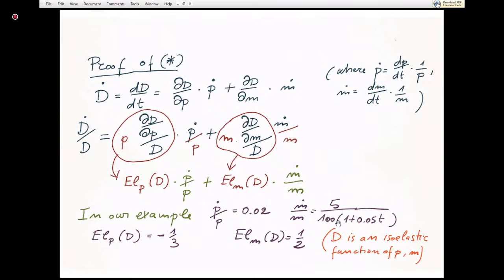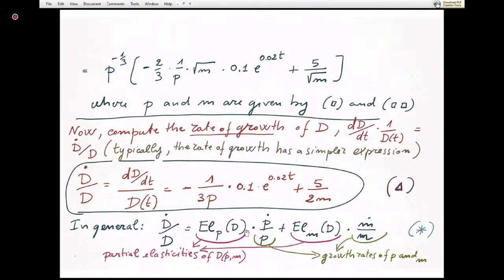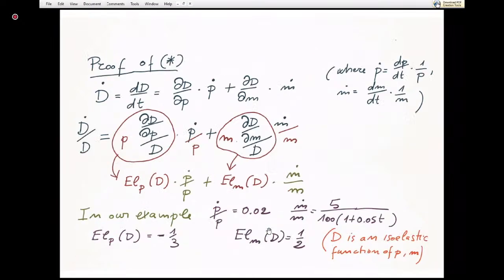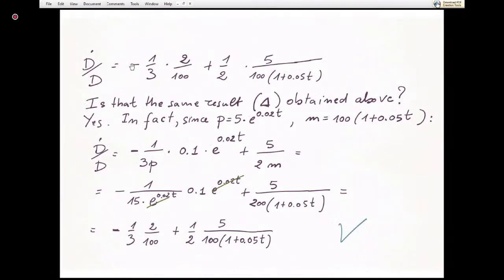The partial elasticity of the demand with respect to P is minus 1/3, and with respect to M is 1/2, because it is an isoelastic function. So the formula that we expect to see from this general structure is minus 1/3 times 2 over 100, and 2 over 100 is 0.02, plus 1/2 times the time growth rate of the income.